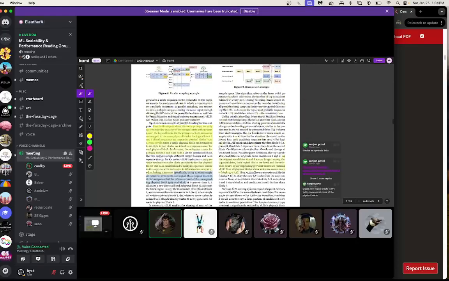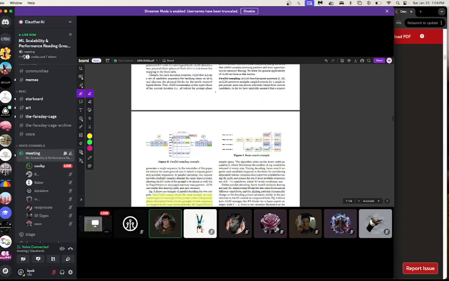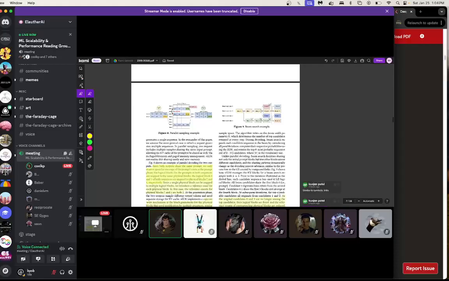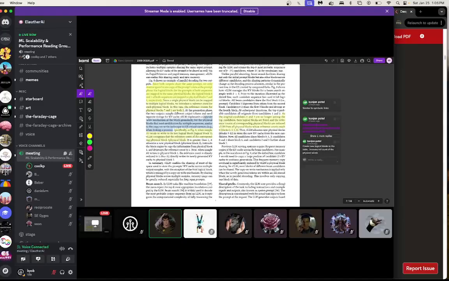So here it shows two sequences sharing the same input, and one of the sequences copies out its information from a physical block to another physical block, reducing the reference count, and therefore the other sequence can overwrite that physical block.